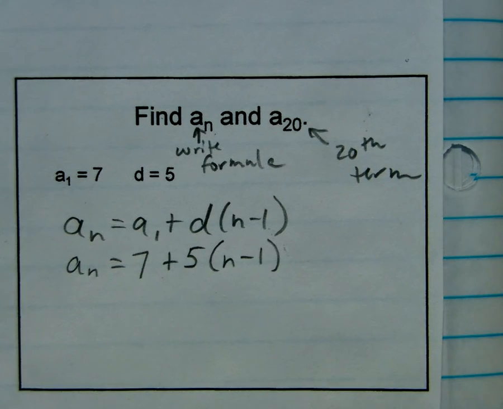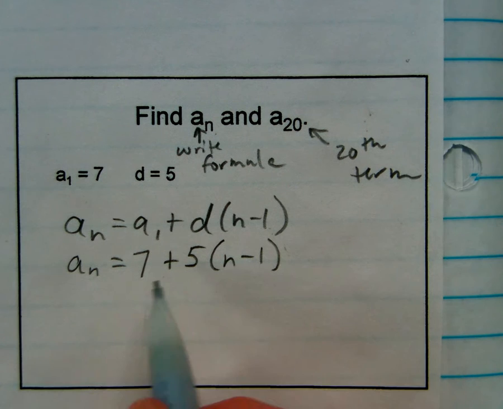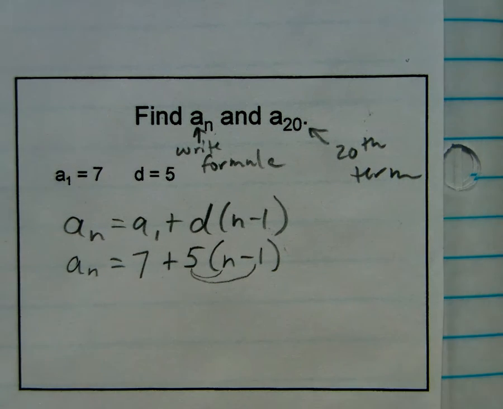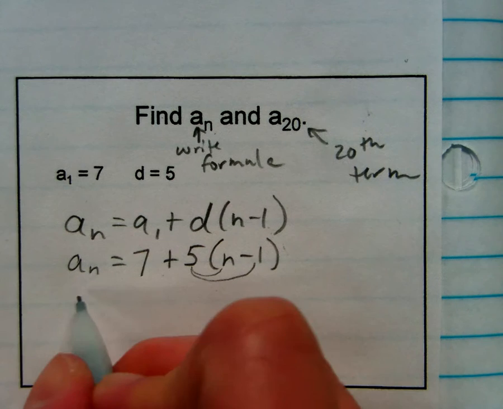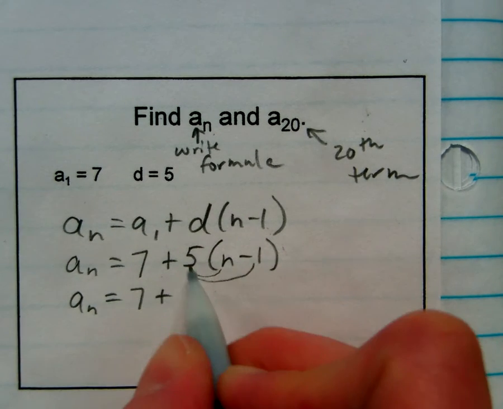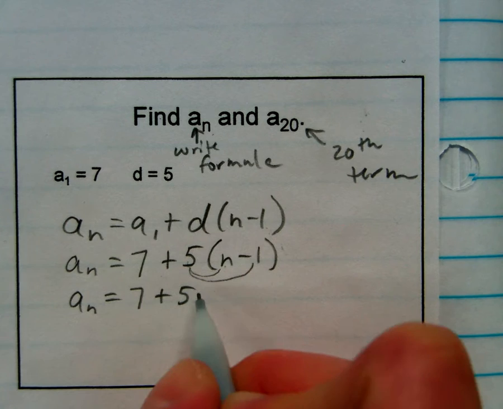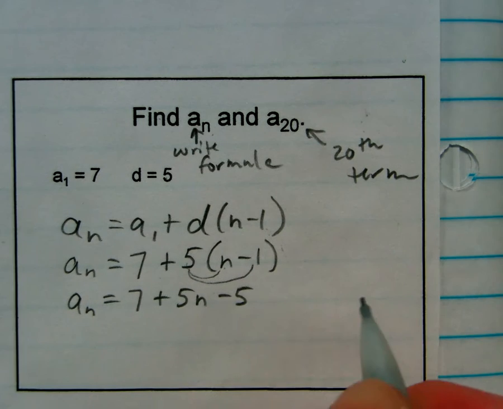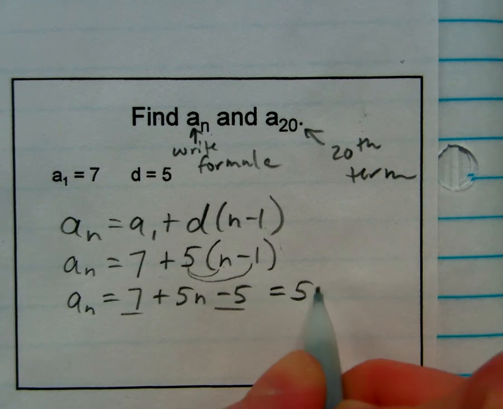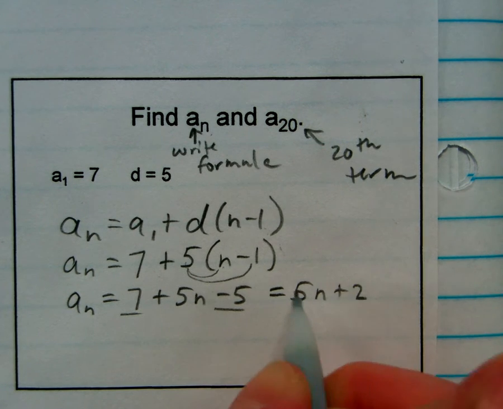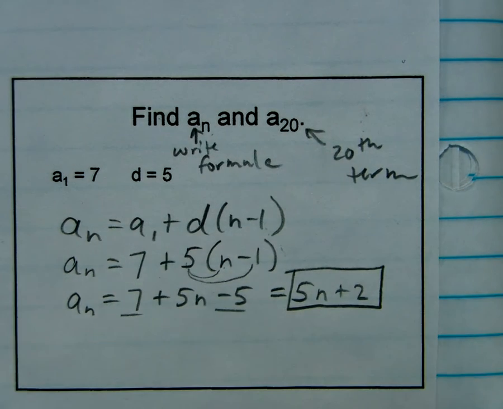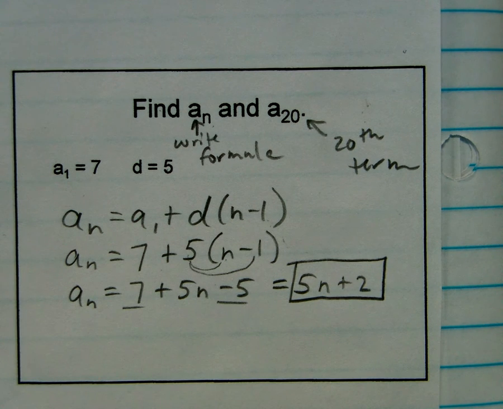Then, to make this easier to use, they will usually distribute the 5 and combine like terms to clean it up. We still have the 7 plus, we distribute the 5, you get 5n minus 5. Then you put the 7 and the minus 5 together and get 5n plus 2. That would be your formula to find any term that you wanted.